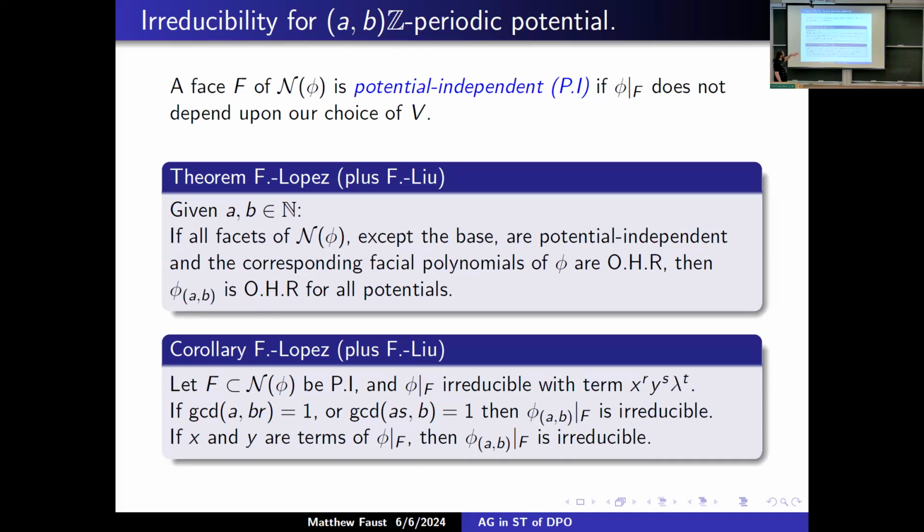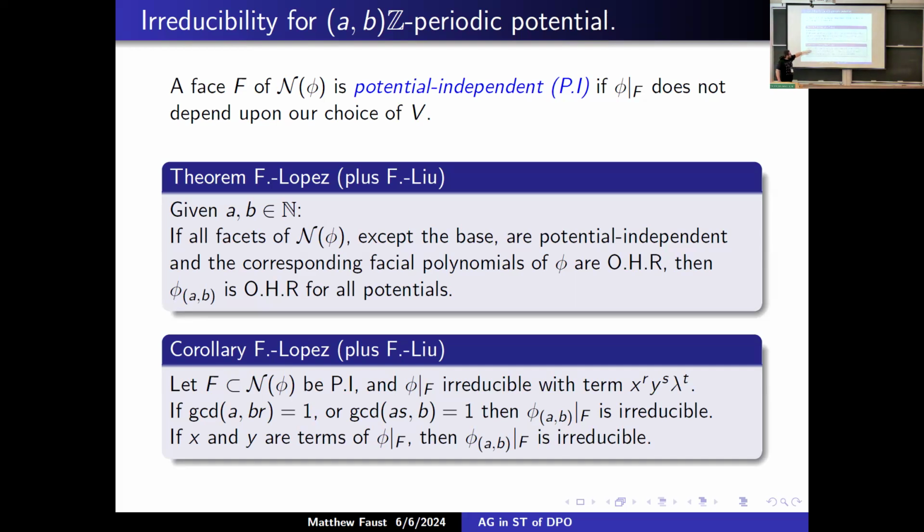Moreover, I mentioned these results earlier about if we fix a Z2 periodic potential. Well, if my face is potential independent, then my facial polynomial of phi sub AB in this case is also potential independent, which means this is also the facial polynomial for the zero potential. So that's a Z2 periodic potential. And so we can apply those same results that I had initially listed to the facial polynomials of phi.